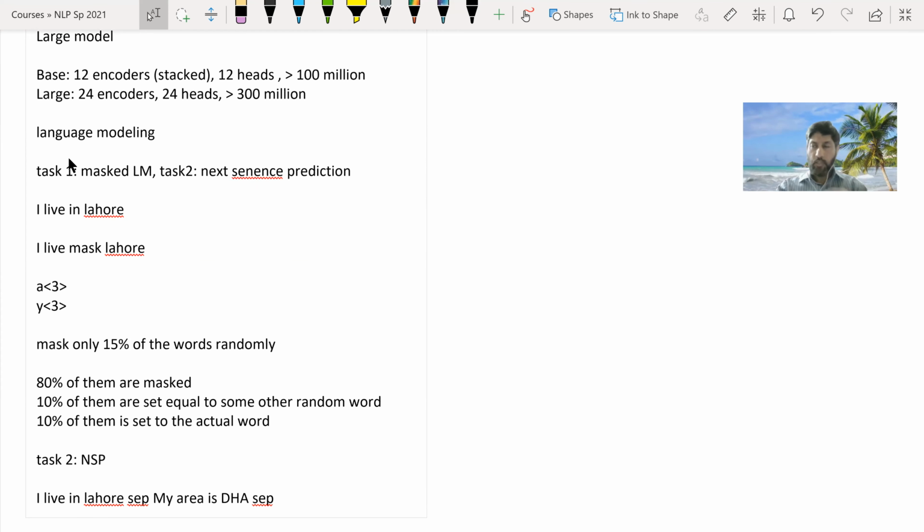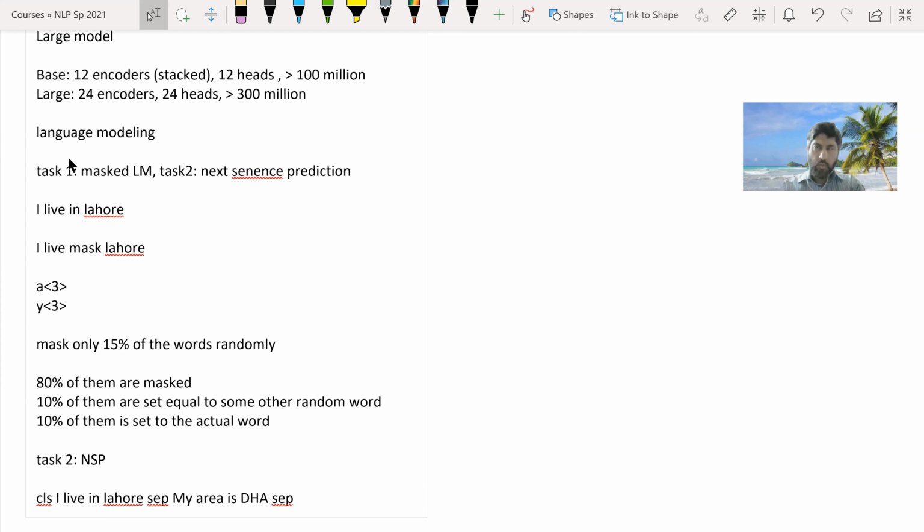Then you put a SEP separator token again after that. And then you might have another token. You can put it at the start or at the end, whatever your preference. So this is another token, CLS. So what we do is we build a transformer for this whole input. Okay.